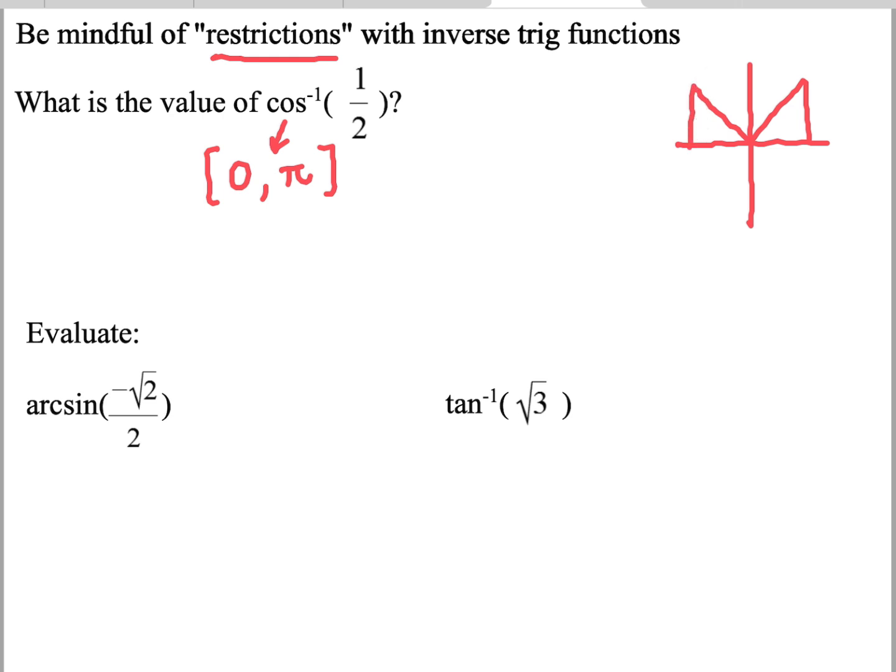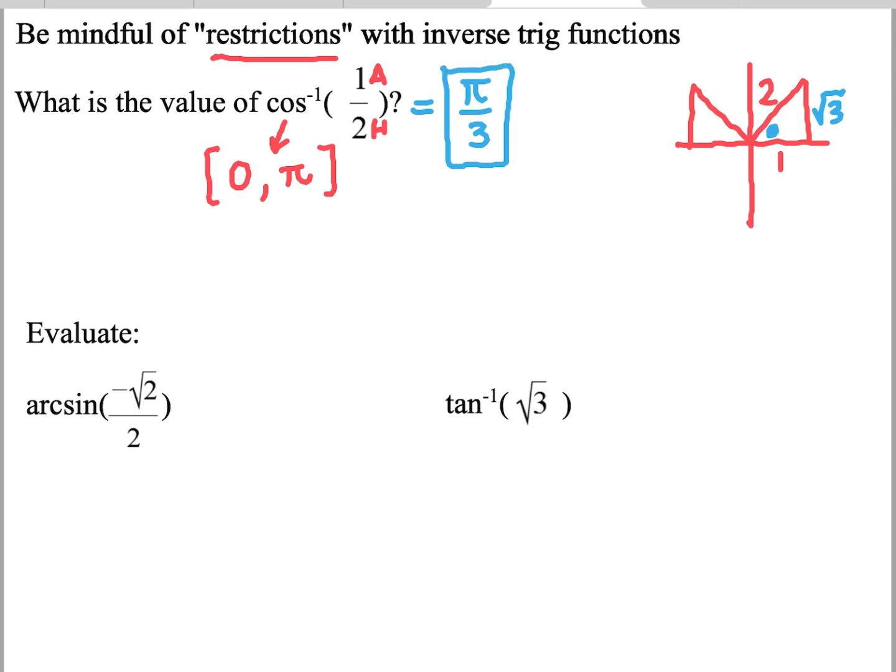Well, since I'm getting a positive 1/2 for my adjacent over hypotenuse, I'm thinking that must be the first quadrant. What kind of triangle would have an adjacent over hypotenuse of 1 over 2? If you said, oh, that must be a 1, 2, square root of 3, you are correct. Making that what kind of angle? Did you say pi over 3? That is correct.